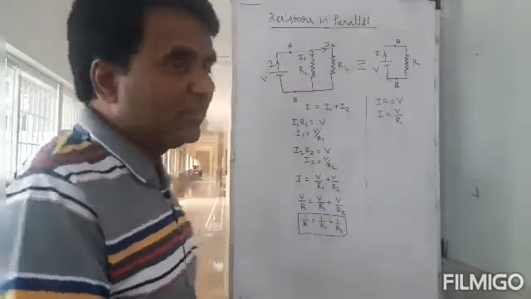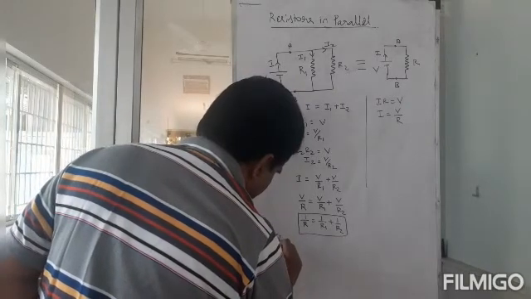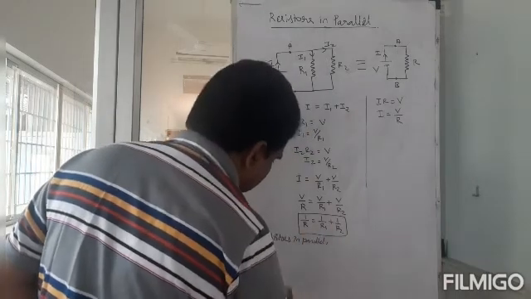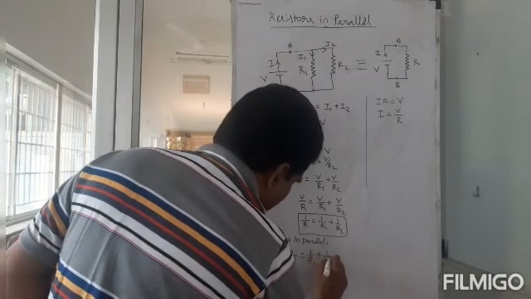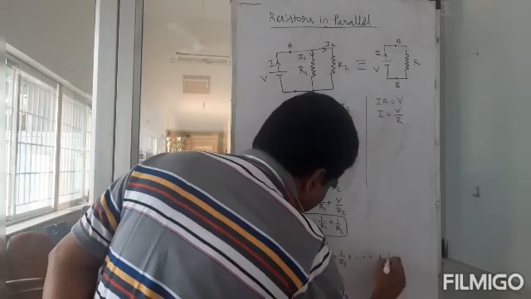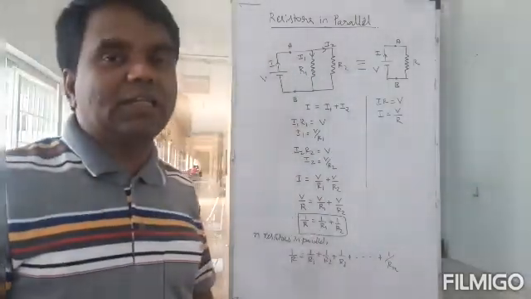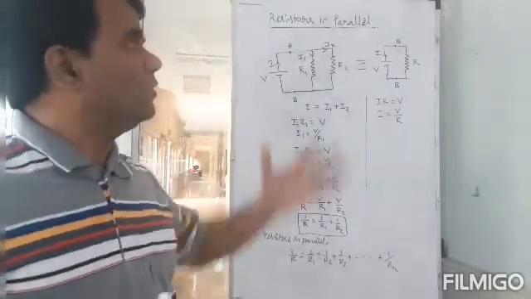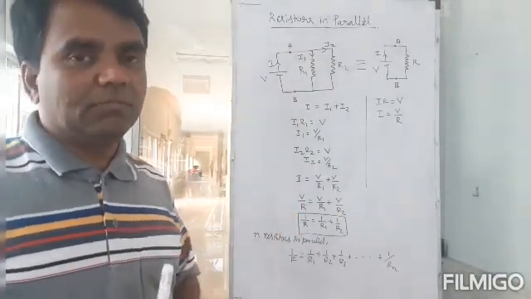And if there are more, if there are n resistors in parallel, then this will give you 1 by R is equal to 1 by R1 plus 1 by R2 plus 1 by R3 plus up to 1 by Rn. Okay. So this is how we calculate the effective resistance of resistors in parallel. Hope this is clear to you.